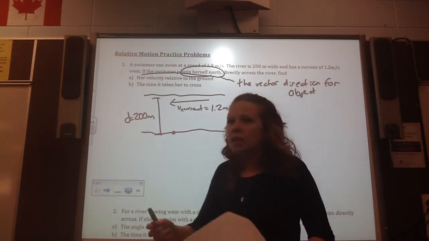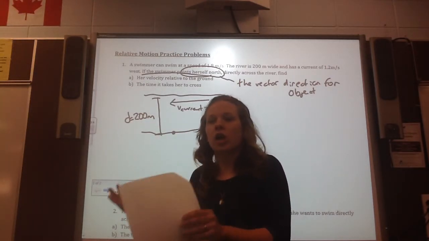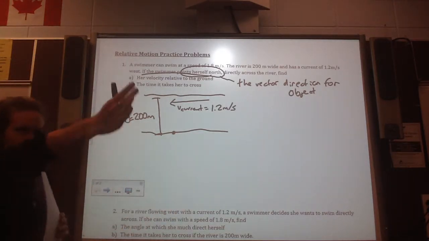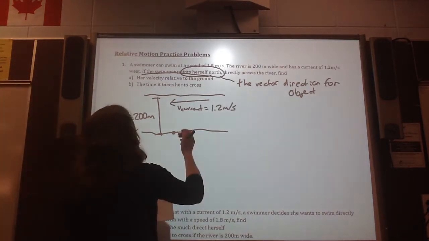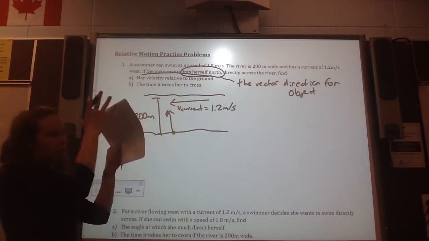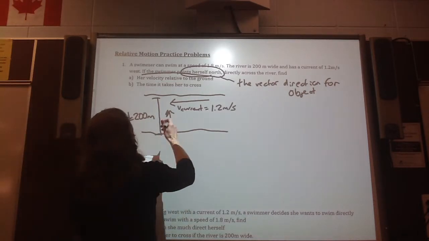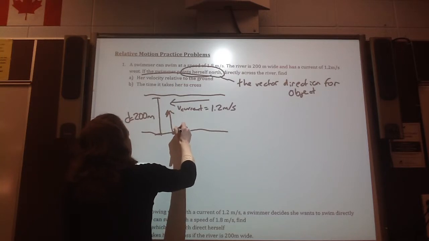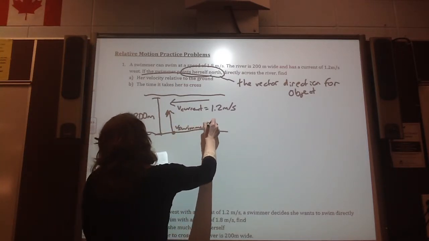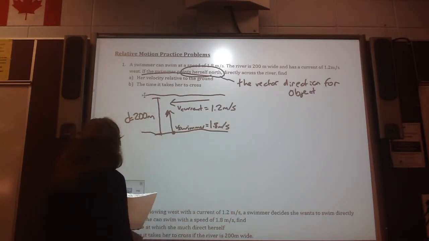If the object is pointing themselves to go that way, that's the velocity that we put, whichever direction that they are directing themselves or the object is being directed toward. So this is not tip to tail, this is just drawing out our diagram, and then we'll put in our triangle later. So this is the velocity of our swimmer going north. V swimmer is equal to 1.8 meters per second.